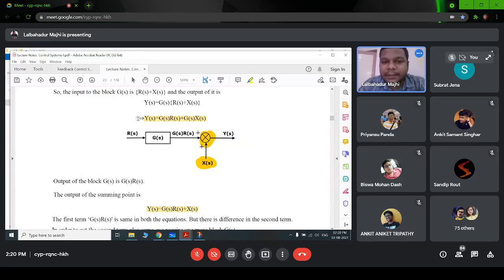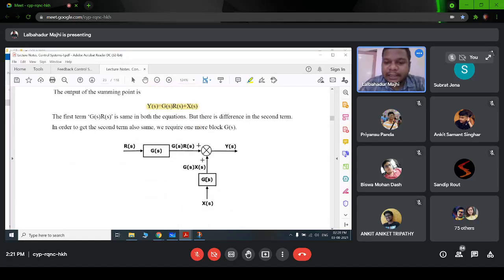So we can see this is the output now after changing the place of the summing point. Previously it was gr plus gx, but now it is gr plus x only. There is a g term missing with this x term. So that means we have to add a g of s term with the x of s.